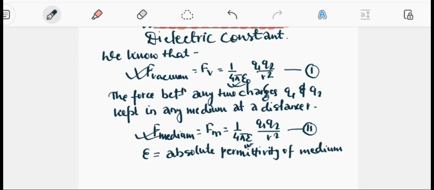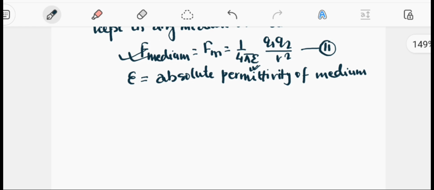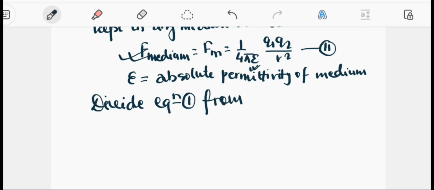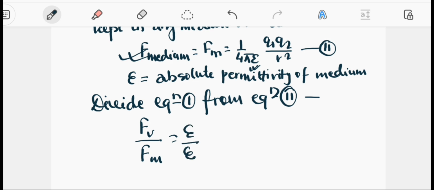Now students, if we divide equation 1 by equation 2, that is FV upon Fm, what do we get? The force between two charges in vacuum divided by the force between two charges in any medium will be equal to epsilon upon epsilon naught.